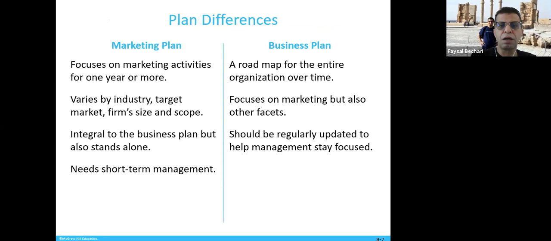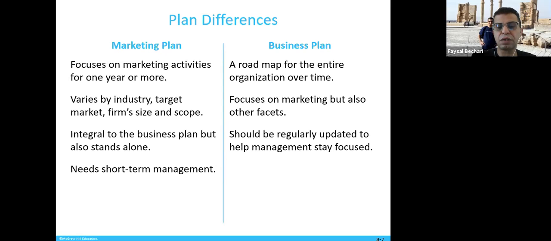Now, plan the references. We said there is a marketing plan and there is a business plan. Part of the business plan, within the entrepreneurship plan, the whole thing, would be the marketing plan. The main thing is the business plan, and part of it would be the marketing plan, which focuses on marketing activities for 1 year or more.